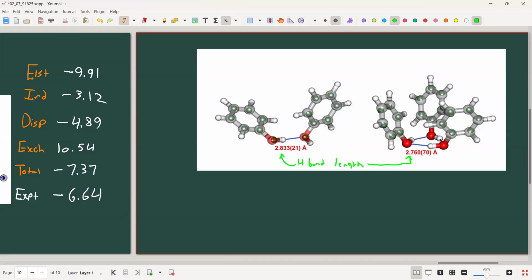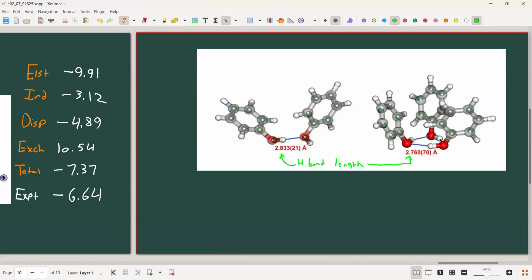And it turns out the reason it's shortened is because each one of the three hydrogen bonds is stronger than this one. The addition of the network, by making the hydrogen bonds align into a triangle, has actually strengthened the average hydrogen bond.